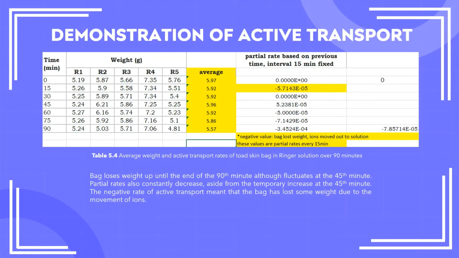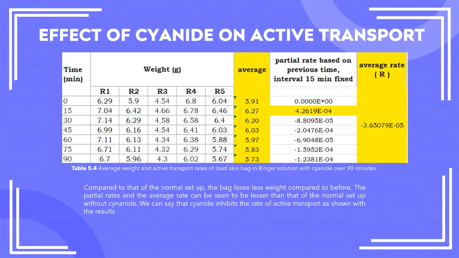The negative rate of active transport meant that the bag has lost some weight due to the movement of ions. So we can observe that the final weight of the bag means it has lost some ions, manifested by the value of the average active transport rate, which is negative 7.857 times 10 to the negative 5.